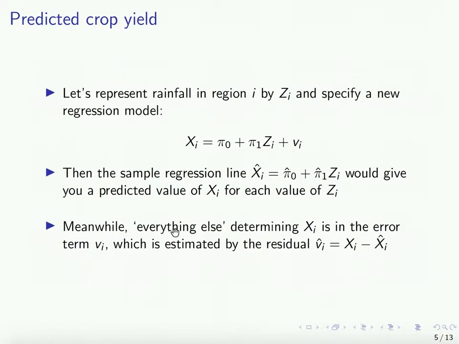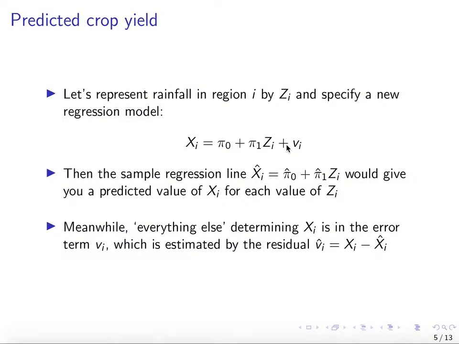Note that all the everything else determinants of xi are in the error term vi. This is estimated by xi minus x hat. So everything else is in the residual.